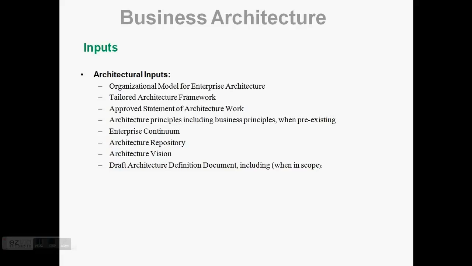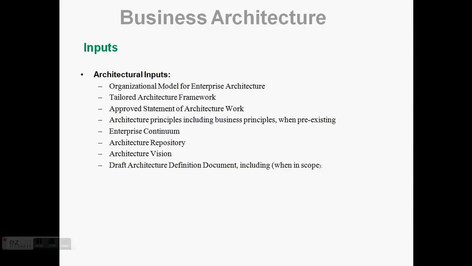The other point is architectural vision. In architectural vision, we are concerned about the problem description, objectives of the statement of architectural work, summary views, business scenarios sometimes, or refined key high-level stakeholder requirements.